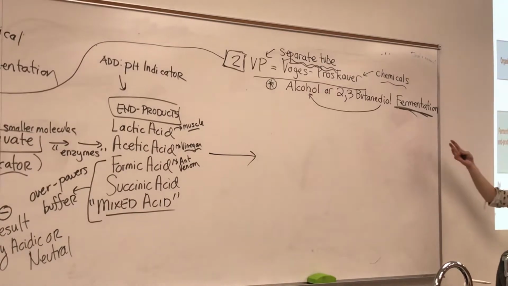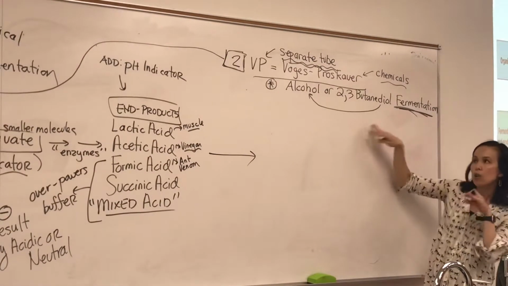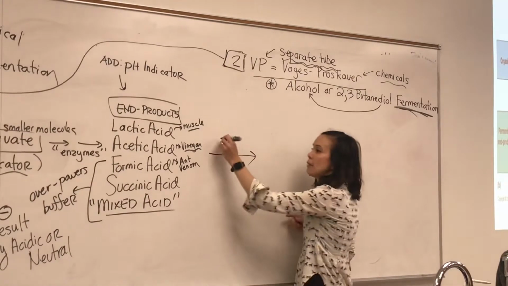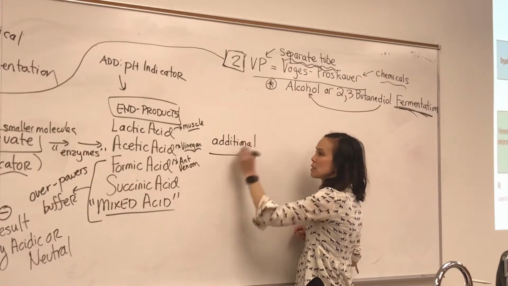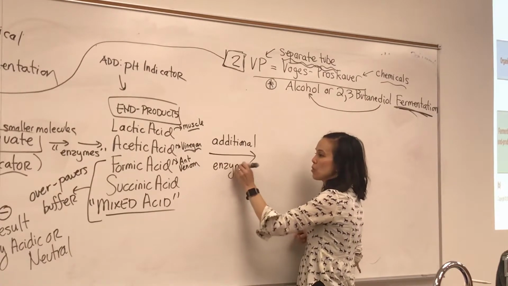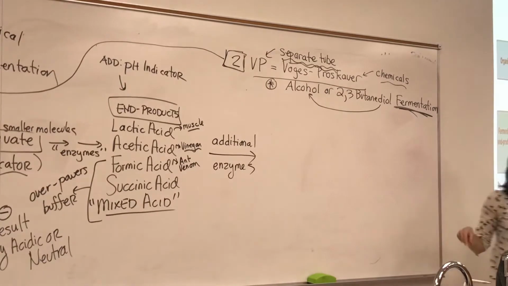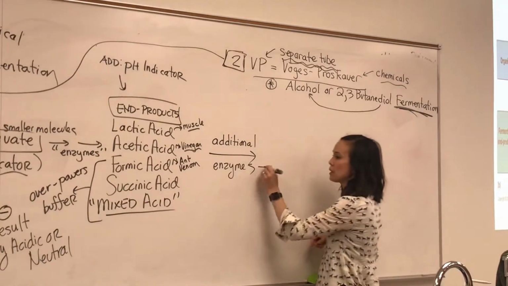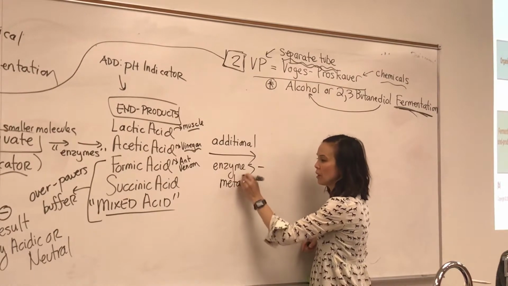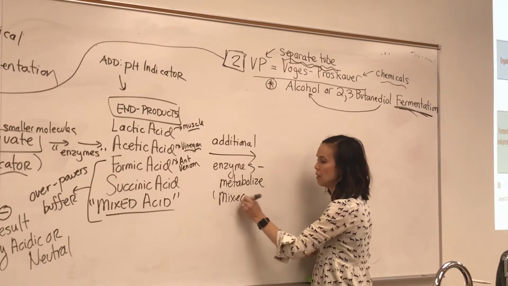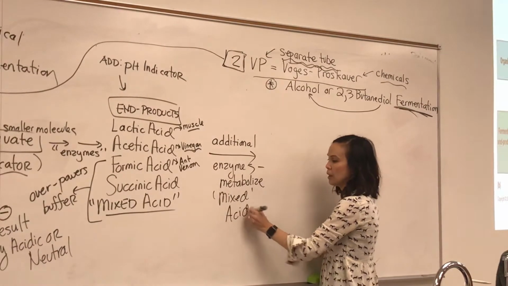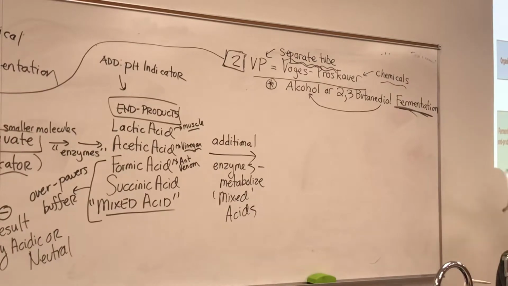The only difference is for the alcohol part, the bacteria would have to have additional enzymes. And again, it's not important that we know all the names, but they would have to come equipped with additional enzymes to basically metabolize those mixed acids. And so our pathway would continue on.